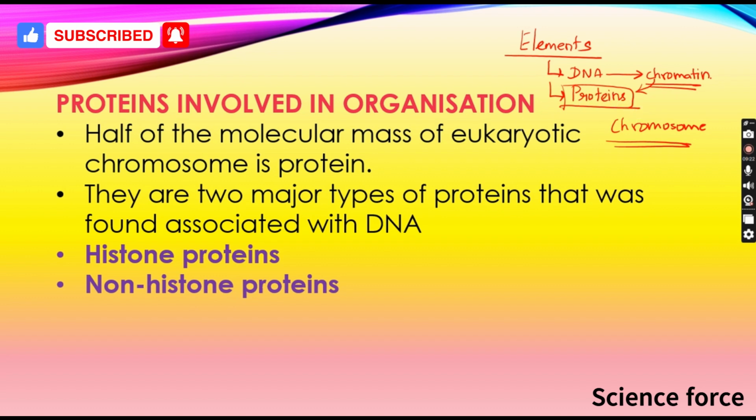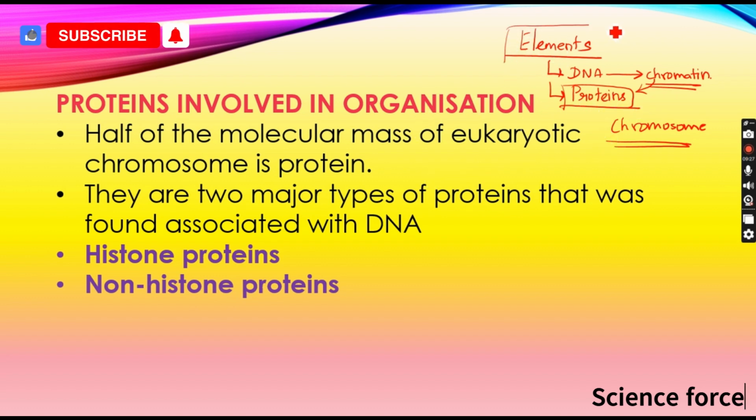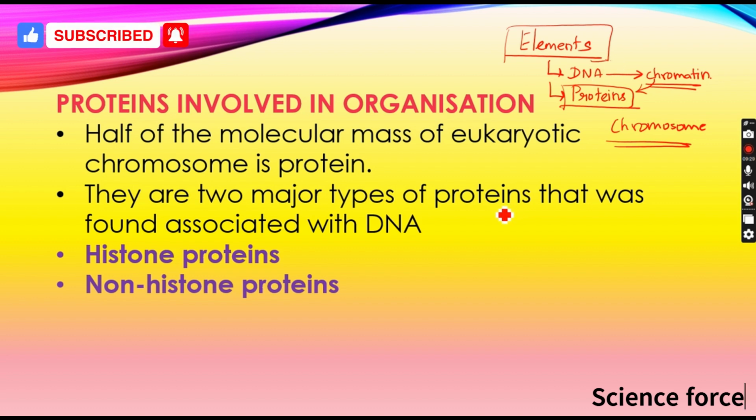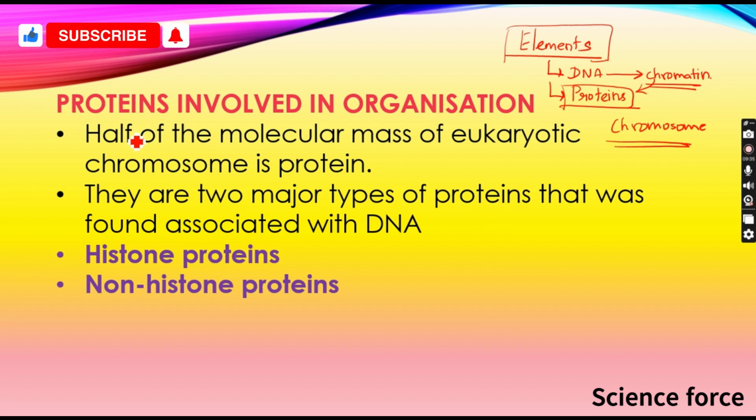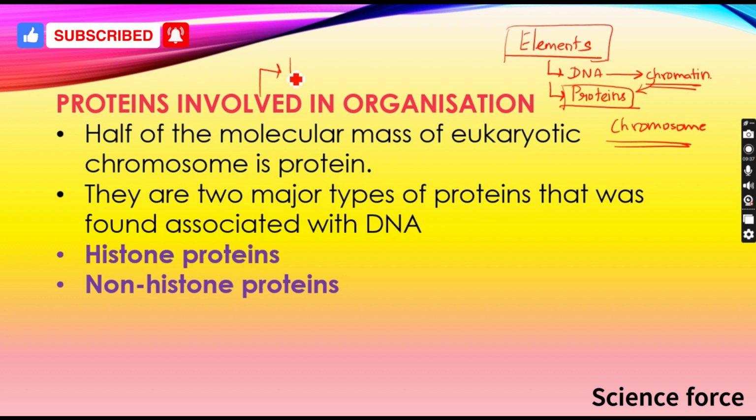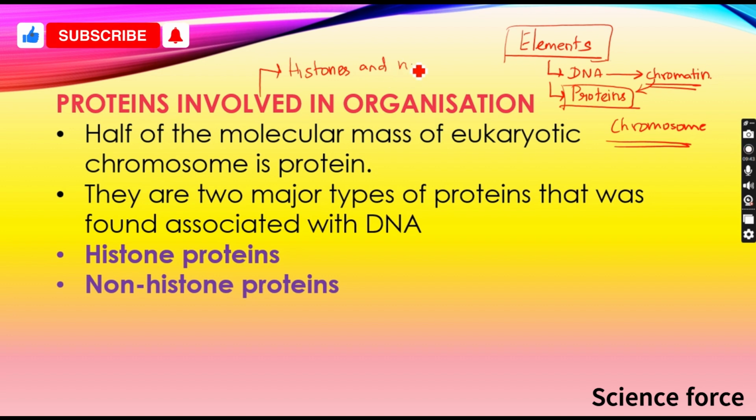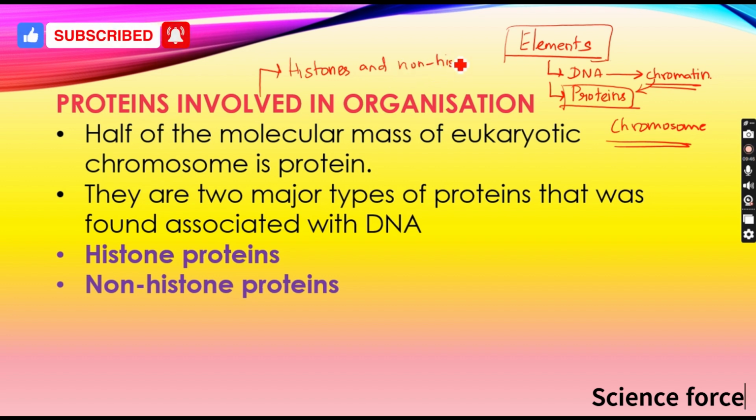So we are going to see about the proteins, which are the main element for the chromosome compaction. In general, these proteins are known as histone and non-histone proteins. These histone and non-histone proteins are the main element for the compaction into a chromosome.